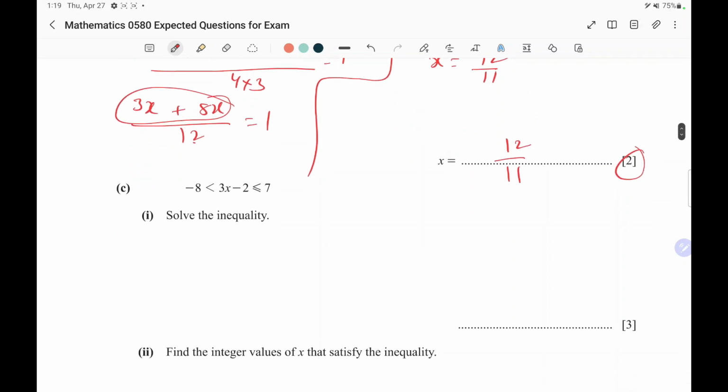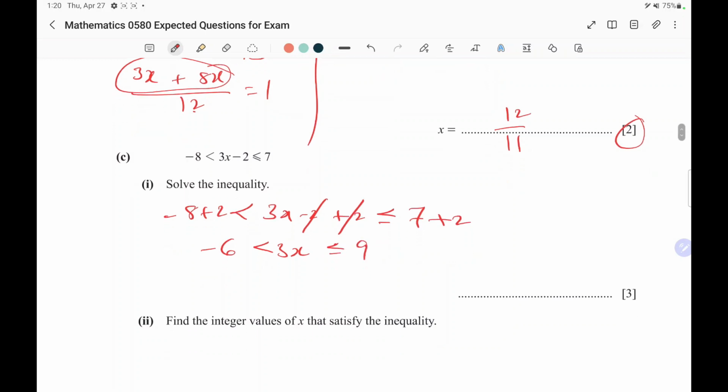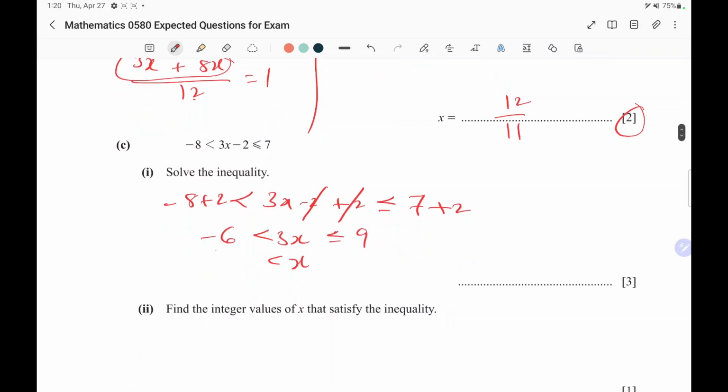Solve the inequality, it means we need to find x. So I think we can first add 2. So minus 8 plus 2, 3x minus 2 plus 2, and 7 plus 2. 2 and 2 cancel. So 3x lies between minus 6 to 9. And then divide by 3 here, 3 here, 3 here.